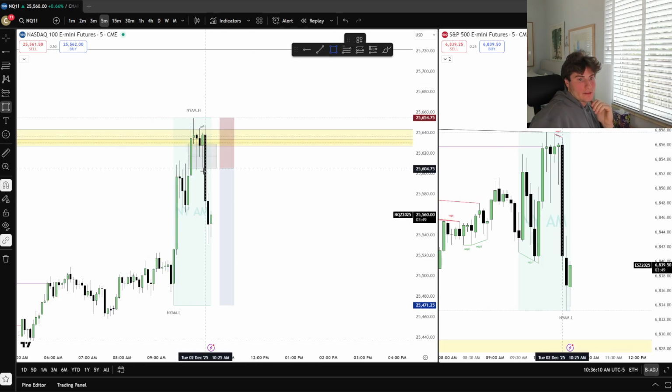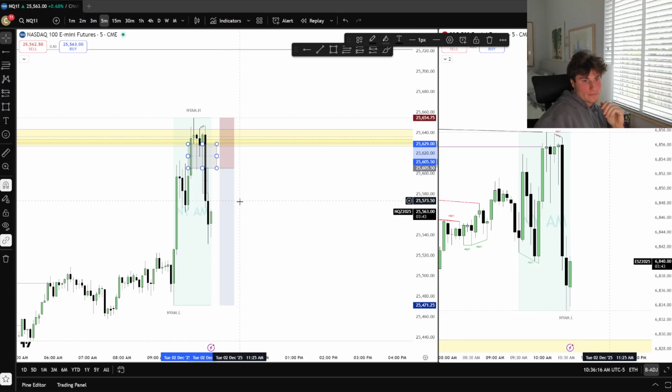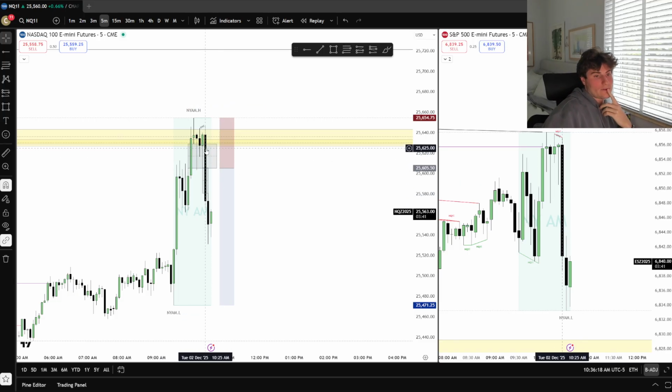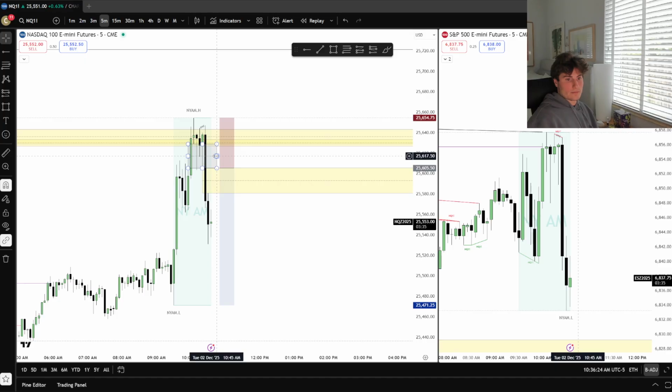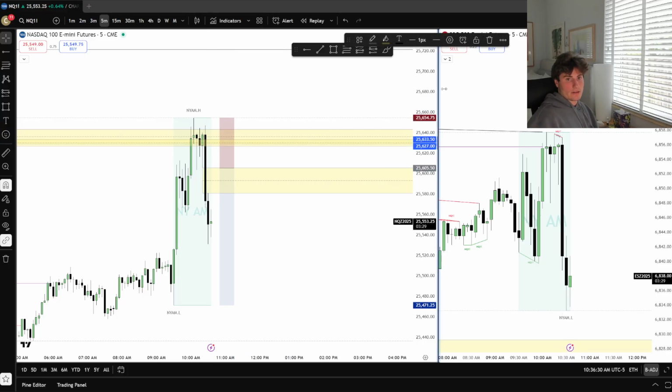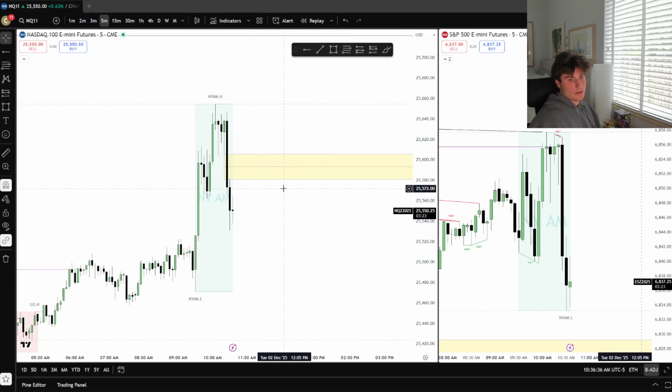Okay, so we have this 5-minute BPR right here. You guys see it? Inversion, or all you got? I'll look for shorts in there if we get an opportunity to go short in there.